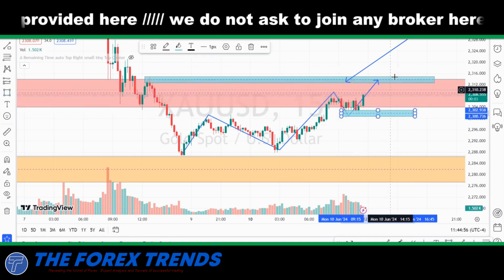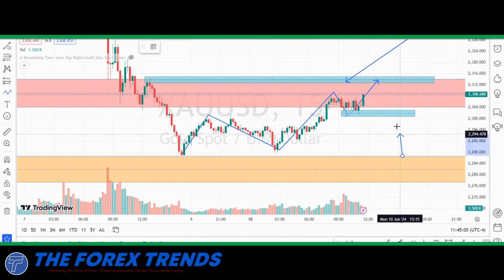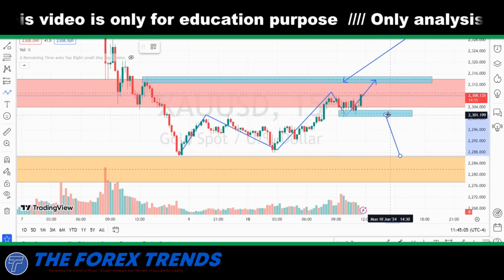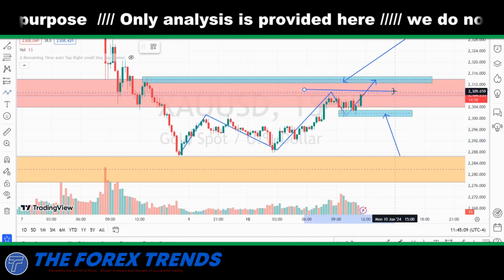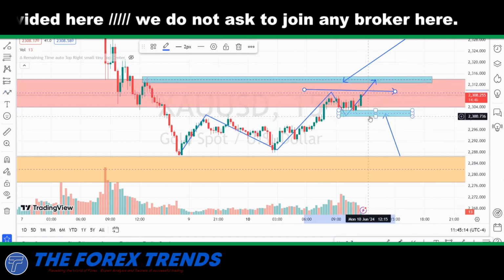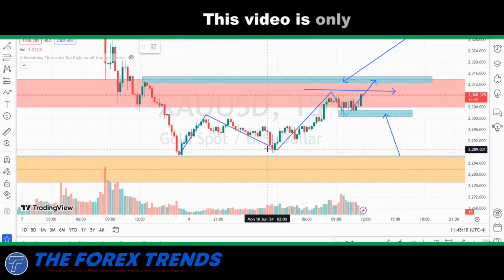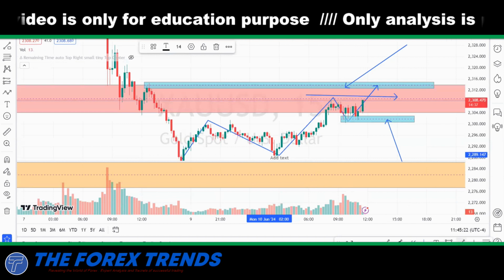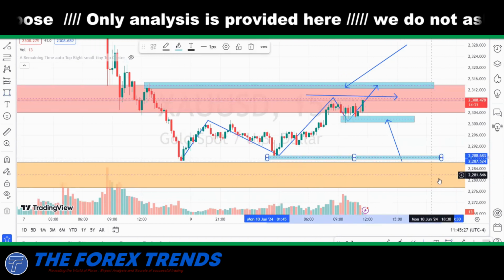If the market creates a new higher high at this level, then this support zone will work, that is the 2300 level. If the market is unable to break this resistance and unable to create a new high, in that case this support will not work. In that case, we'll initiate a buy from this low, the level of 2287.